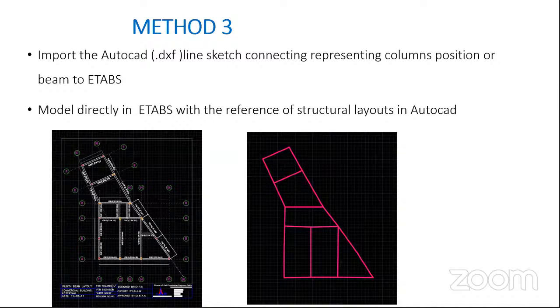Then coming to the third method, you can import. This is a reverse method. In this, you can model, or you can import the line sketches of the AutoCAD layout into ETABS, convert this into an ETABS model, and it can again be exported to Revit itself for further detailing.